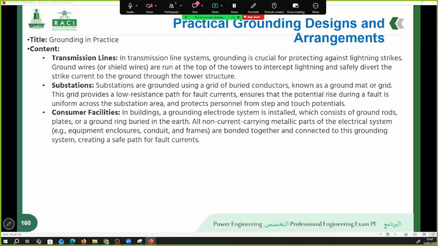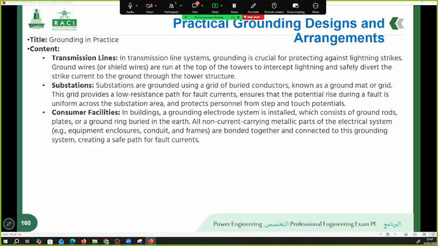In HV transmission line systems, grounding is crucial for protecting the lines from lightning strikes, using ground wires or shield wires. These are conductors, typically uninsulated, that are run above the phase conductors at the top of the transmission towers.